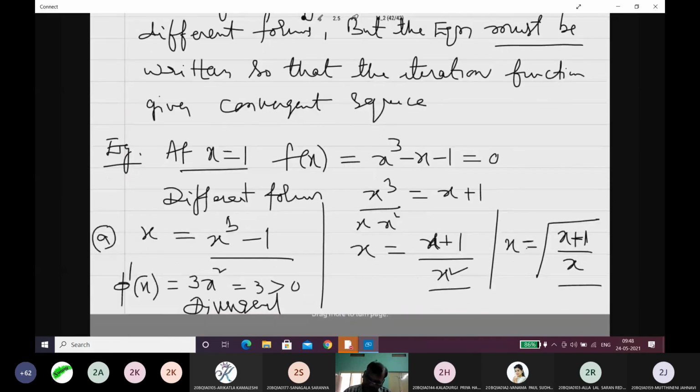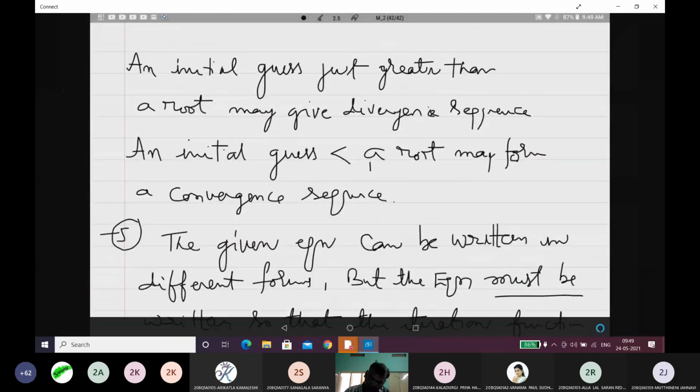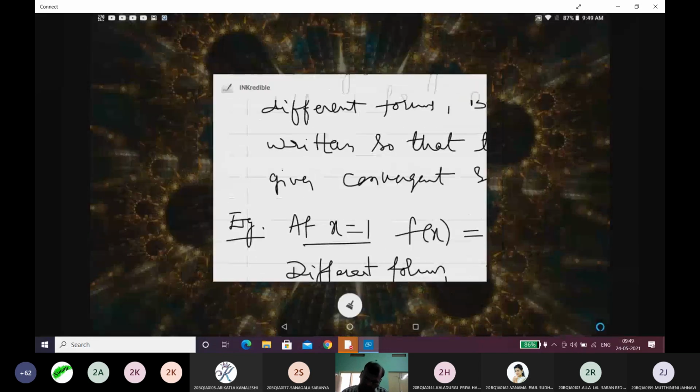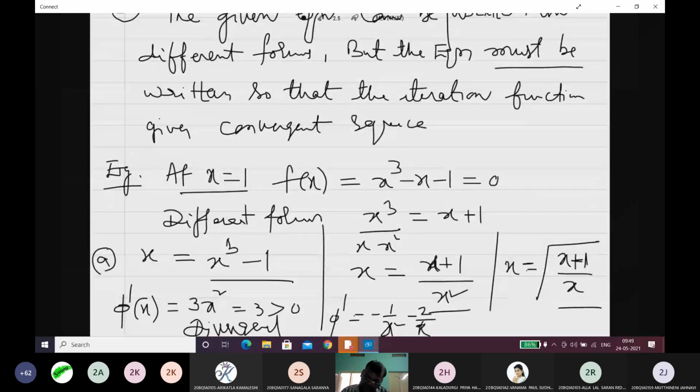నా దీన్ని తీసుకోండి, phi dash of x, 1 by x అంటే మైనస్ 1 by x స్క్వేర్, మైనస్ 1 by x స్క్వేర్ అయితే మైనస్ 2 by x క్యూబ్డ్. సో ఎక్స్ ఈజ్ ఈక్వల్ టు 1 రాస్తే ఎంత వస్తుంది, మాడ్యులస్ ఆఫ్ phi dash of x, మాడ్యులస్ తీసుకున్నప్పుడు -3. దిస్ ఈజ్ ఆల్సో mod of -3.